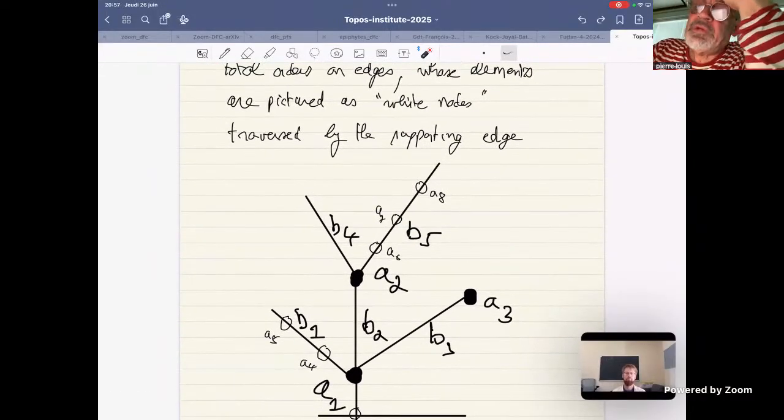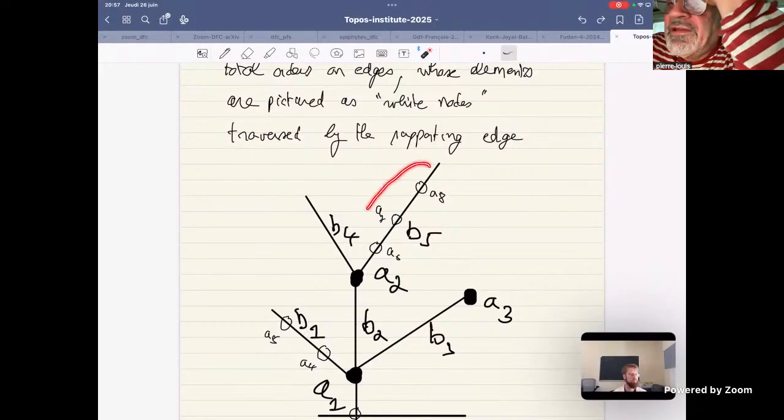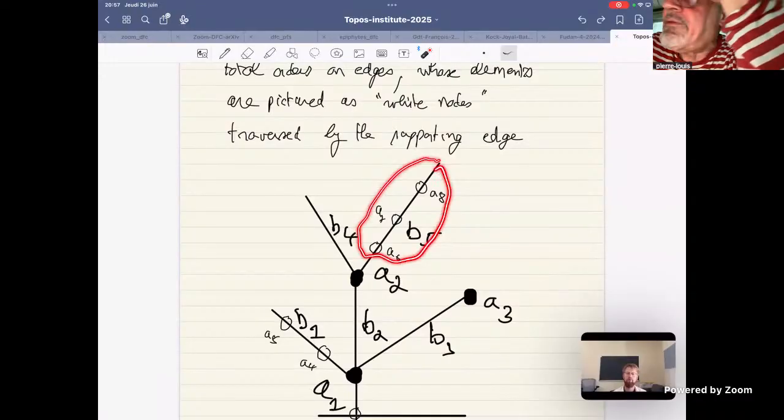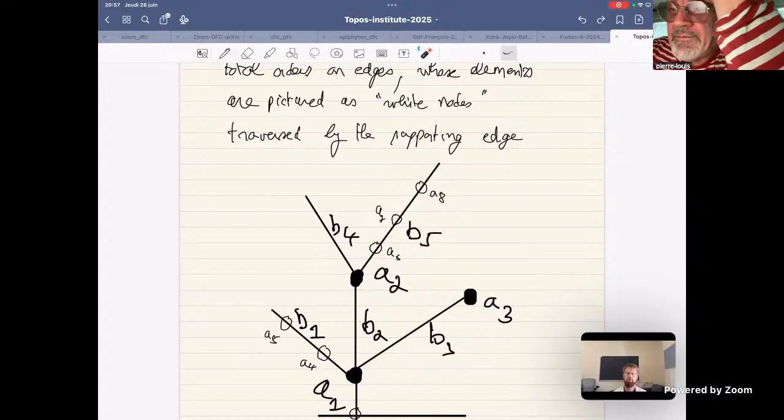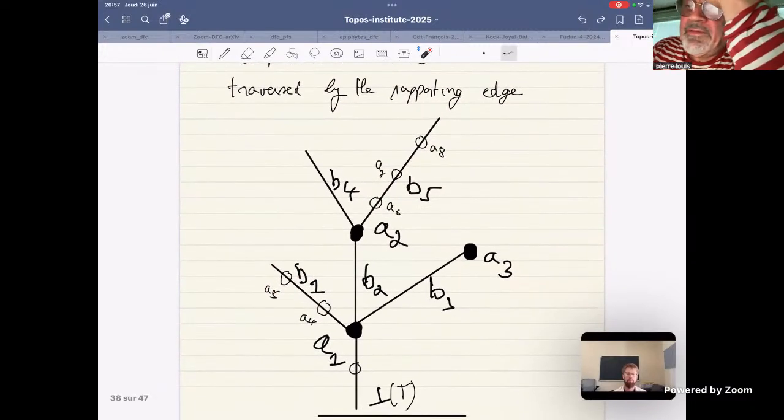A tree with subdivision is a tree whose some edges can be equipped with additional information, which is actually a finite total order. Here we have such a finite total order, here such one, and it is convenient to represent them in this form.